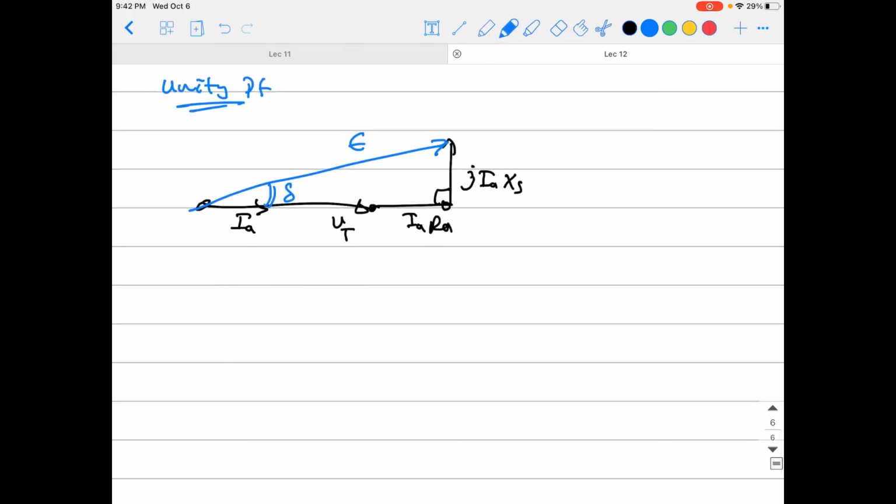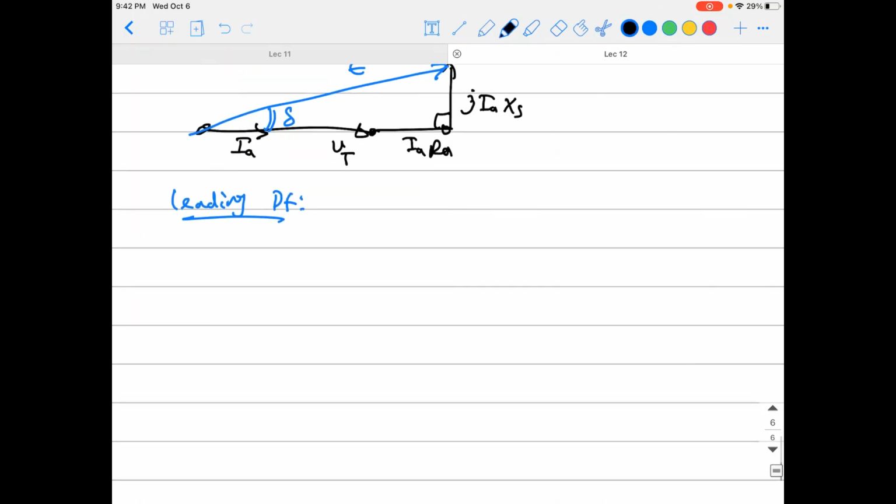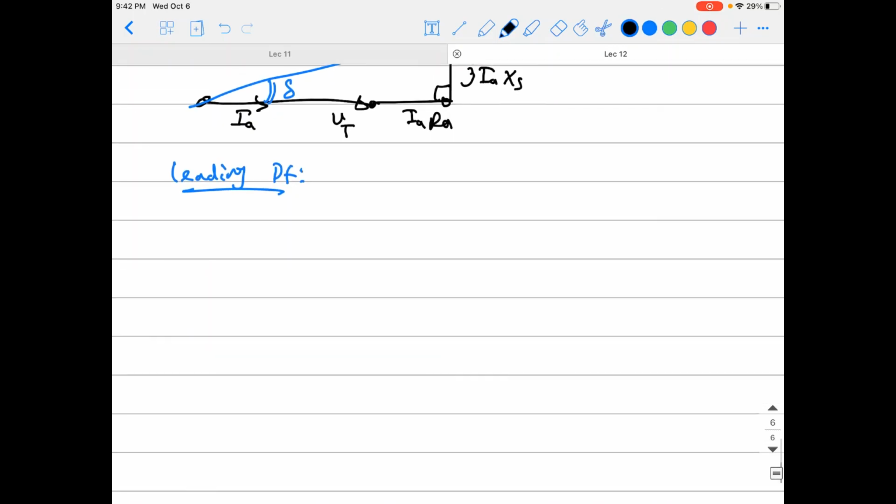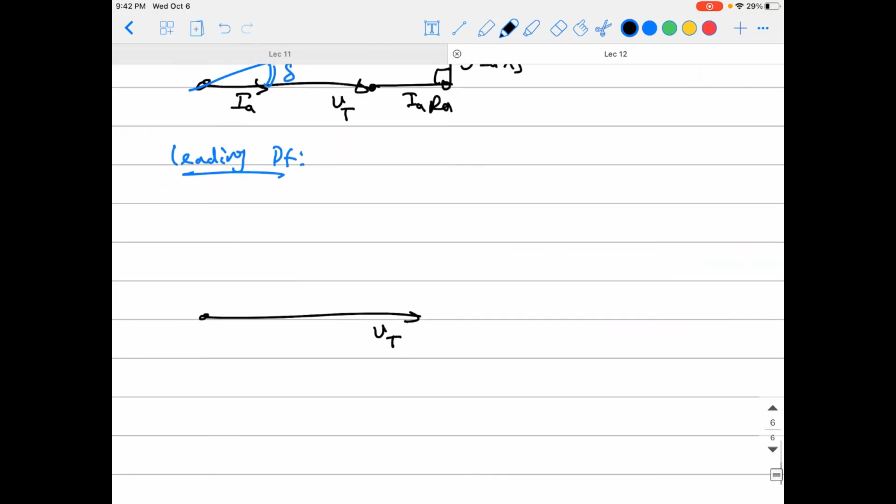Okay guys, for leading power factor, the phasor diagram will look like this, because now you will have the terminal voltage in this direction, still with zero angle, but now IA is leading, that means it's up here, and that is the angle theta.